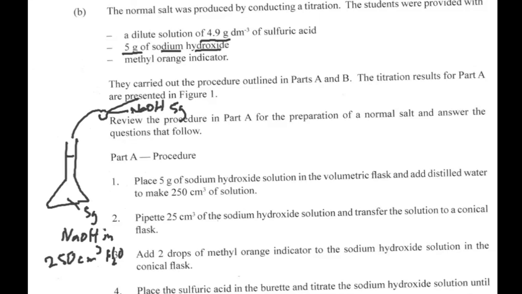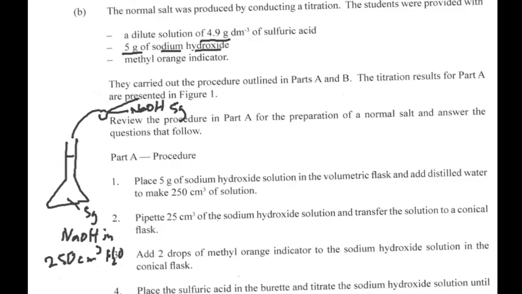Step 4: place the sulfuric acid in the burette, pour it carefully, and titrate the sodium hydroxide solution until the endpoint is reached. Step 5: repeat steps 2 to 4 until consistent results are obtained.